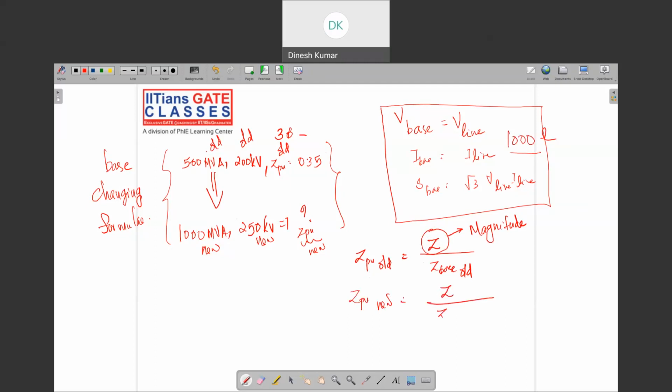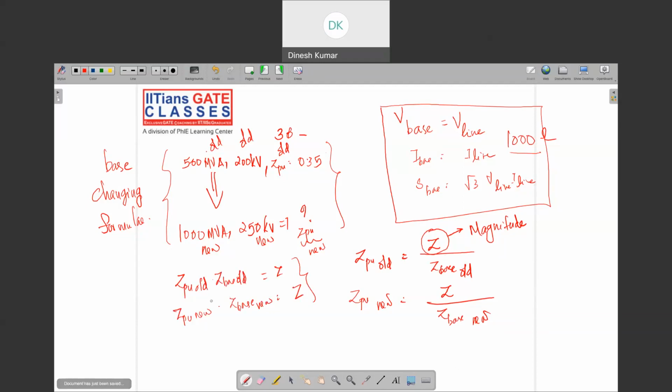Z per unit old into Z base old will be Z. Similarly, Z per unit new into Z base new will still be Z. So the RHS of these two equations are the same, both are Z. That means the LHS will also be the same.